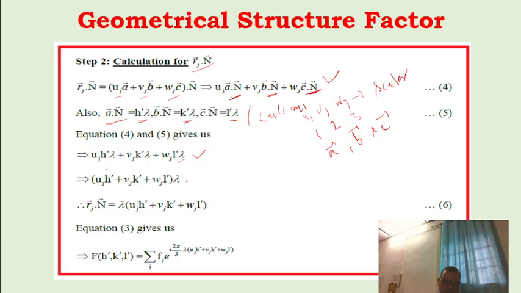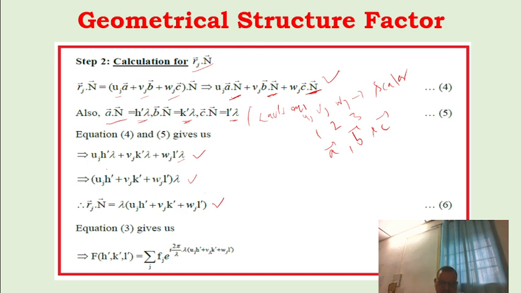I am taking lambda outside the bracket, so it is uj h dash plus vj k dash plus wj l dash. So we have this term.